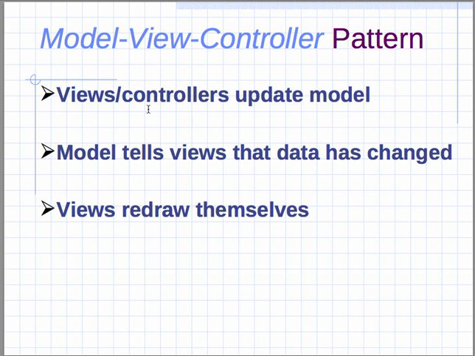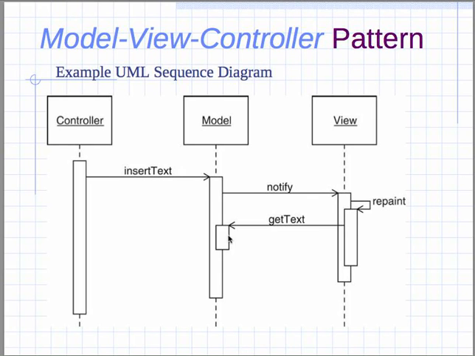The user manipulates only the controller, and the controller in the code will update the model. The model, when it changes, will tell the view that the data has changed, and then things are redrawn. Here's a nice sequence diagram that shows this sequence of method calls. The controller is what the user interacts with. We don't show what happens there, but let's say some JButton with an actionPerformed method.